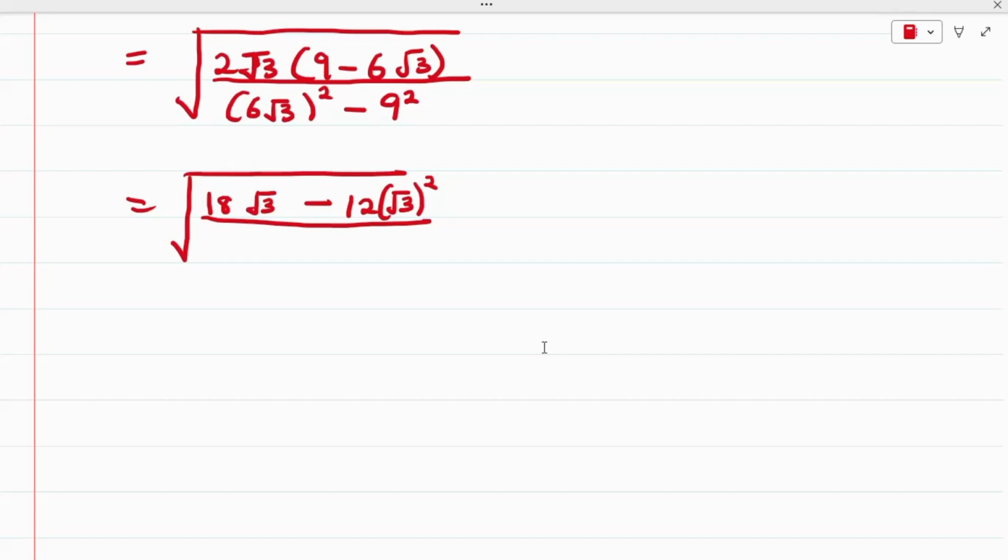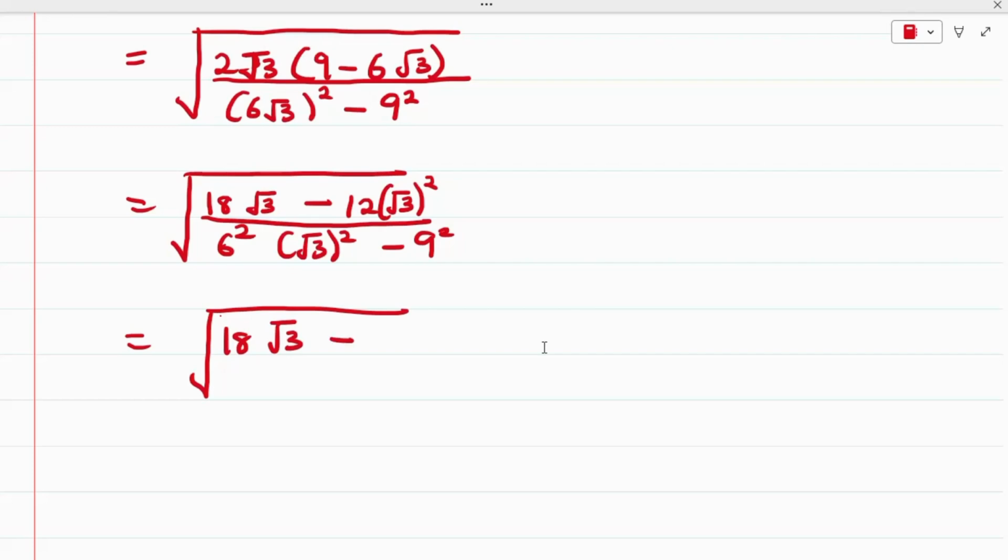For the denominator, we have 6 squared into the root of 3 all squared, minus 9 squared. So this is equal to the square root of 18 root 3 minus, now the root cancels with the square, so we have 12 multiplied by 3, all over 6 squared is 36 multiplied by 3, minus 9 squared, which is 81.